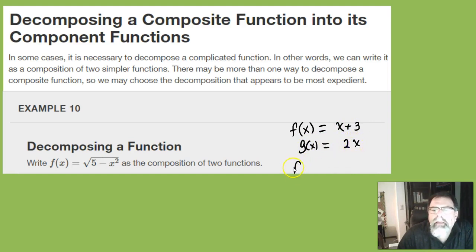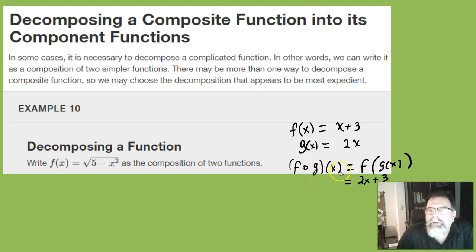If I did f composed with g of x, that's going to get me f of g of x, where g of x is the 2x, and then I'm going to plug it into the f, so that'll get me 2x plus 3.